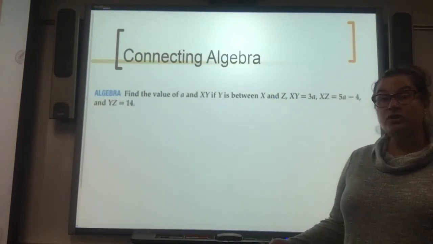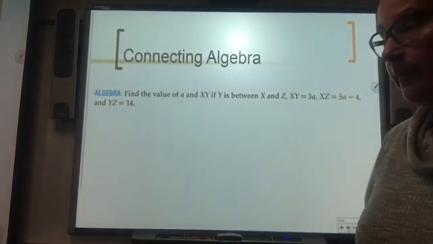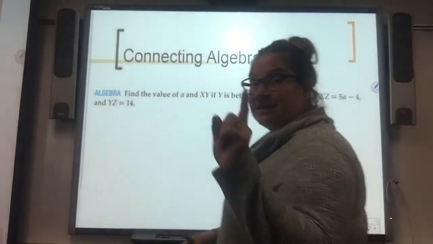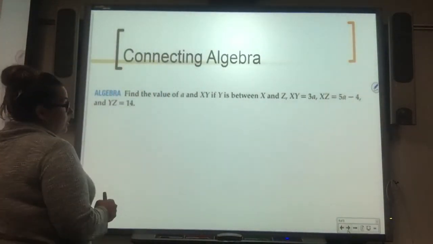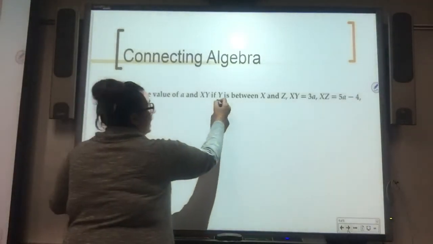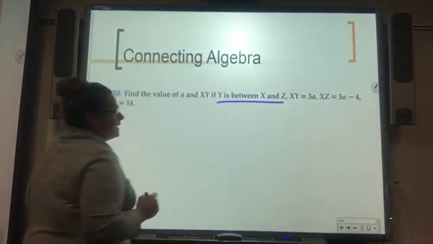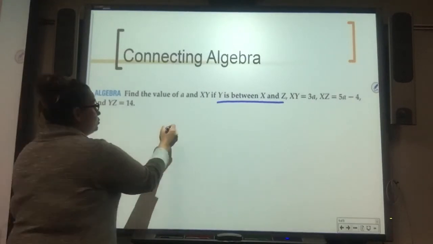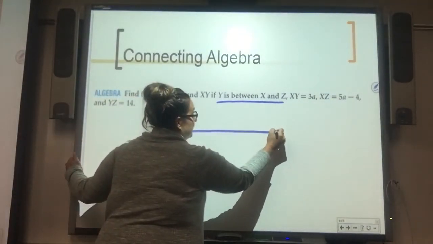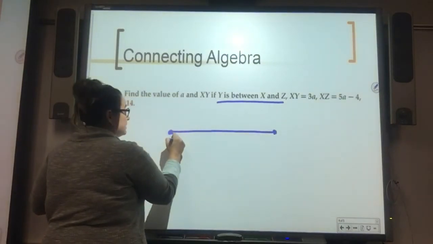So here's a way that we connect it to algebra. We're going to start by drawing a picture. We know that Y is between X and Z. So I'm going to draw a line segment and I'm going to label my parts.